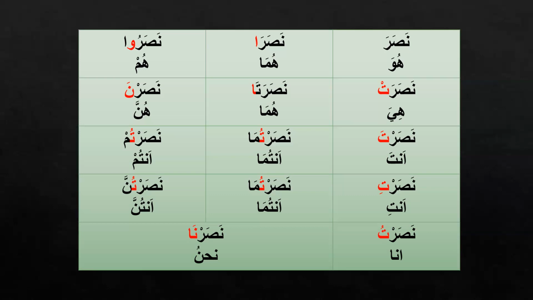And as I already mentioned, please focus on the endings, because they are very important in learning. If you memorize this chart and understand it properly, the study of fi'l and sarf will be very easy for you, inshallah. So please remember to focus on the endings.